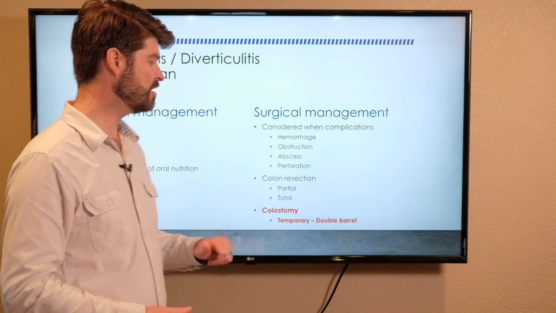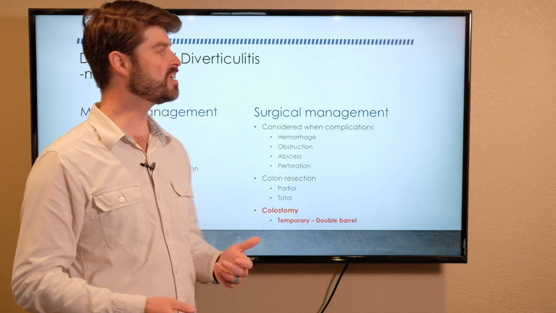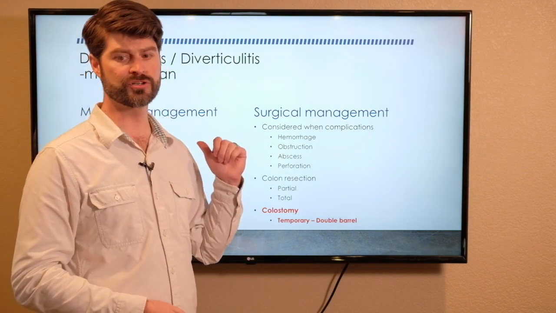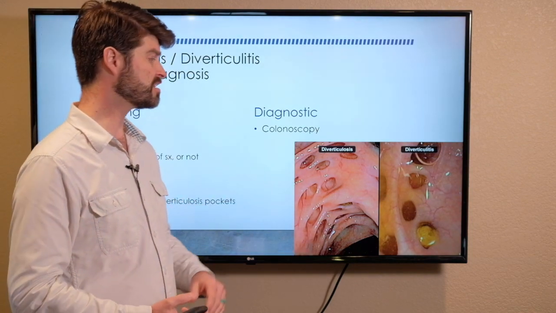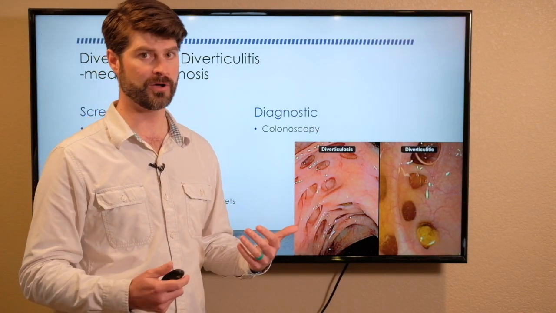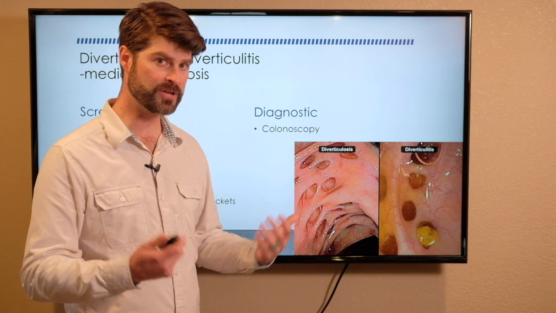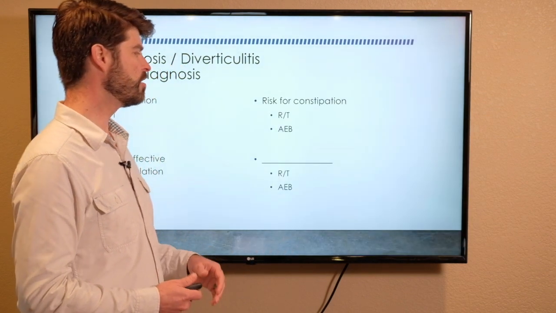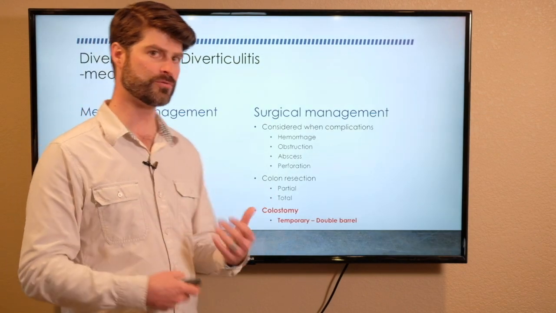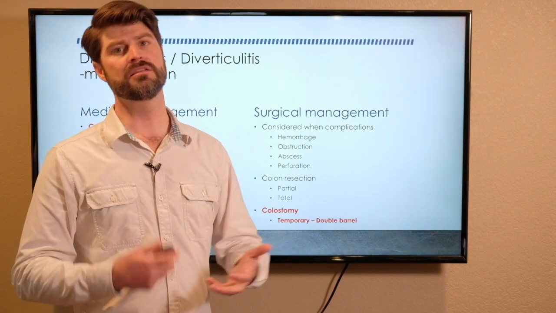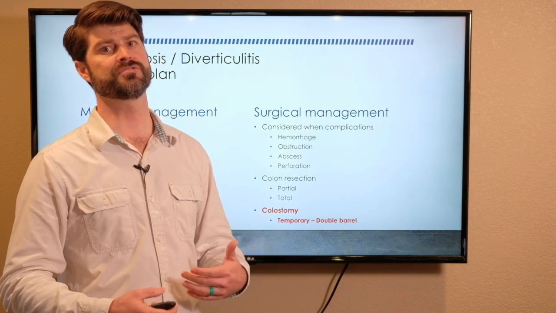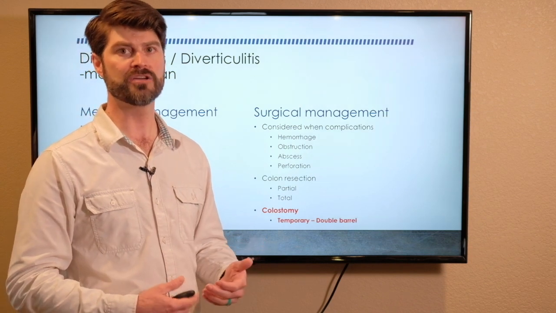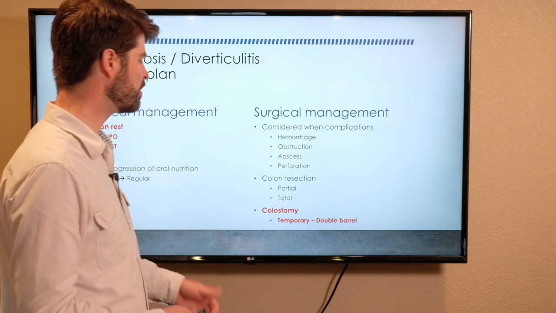Colon resection is for very advanced cases, kind of like those ones we saw in the picture earlier. So like these guys where there's really a significant volume of diverticulosis outcroppings in the colon. There may need to be a partial or total colon resection depending on how the surgeon or the gastroenterologist feels that absorption and risk of complication is really going to go moving forward.